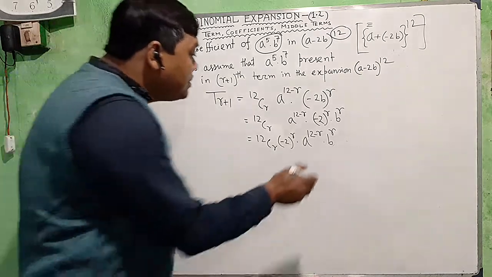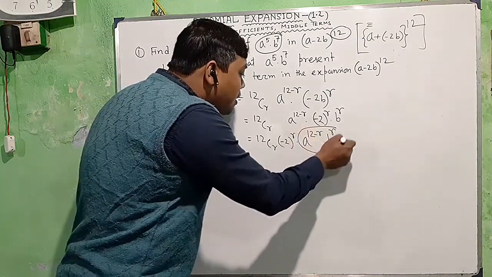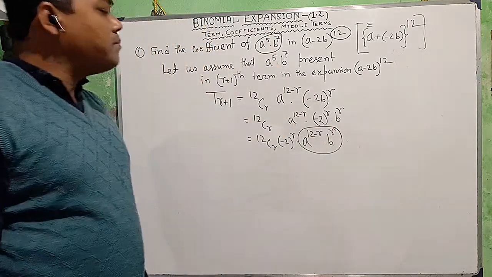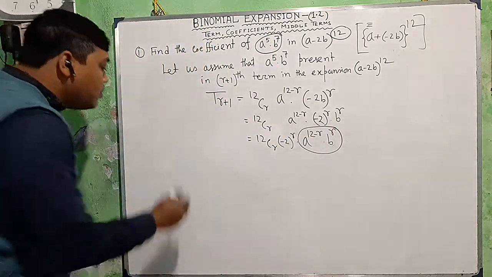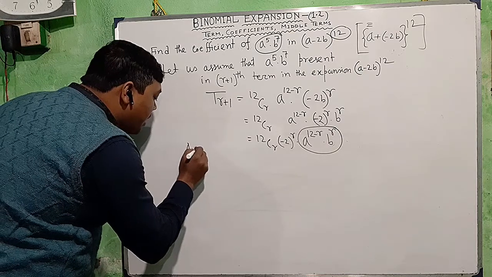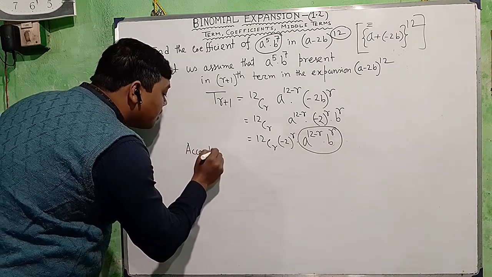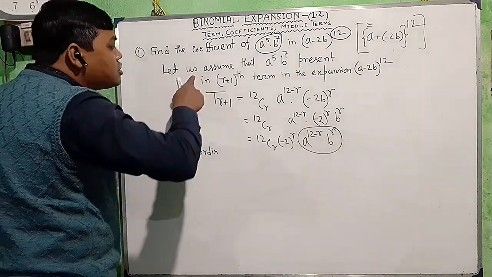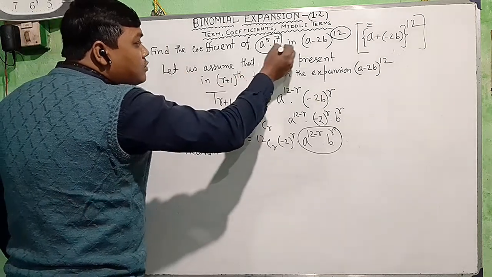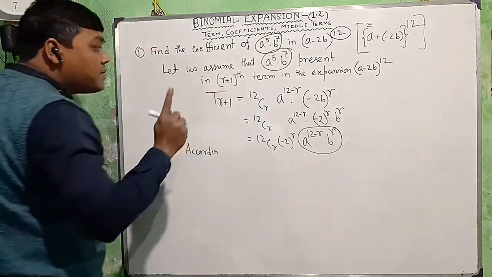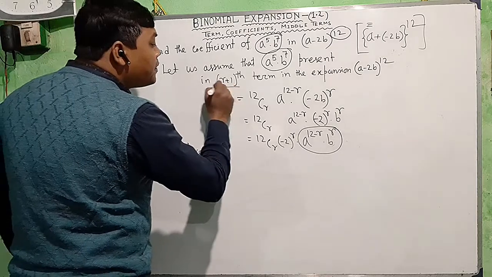assumption, this value must be a to the power 5, b to the power 7. Okay, so according to our assumption, because we have assumed that a to the power 5, b to the power 7 is present in the r plus 1 term.